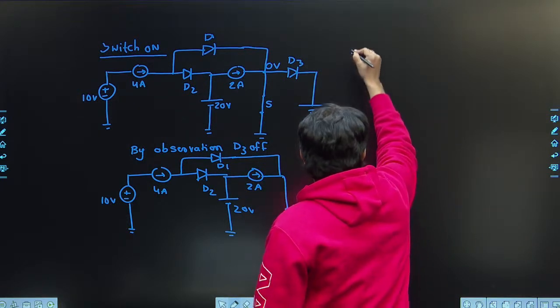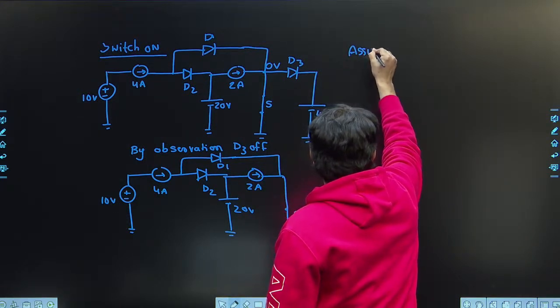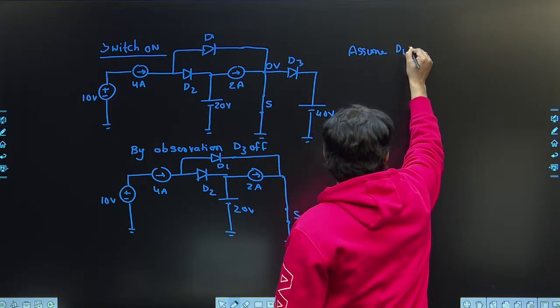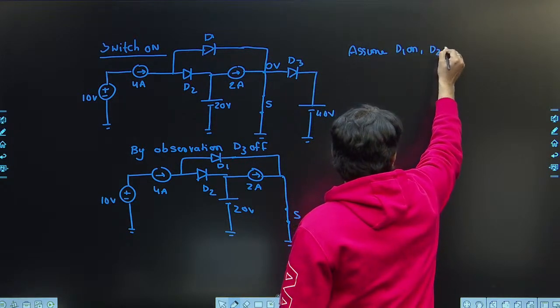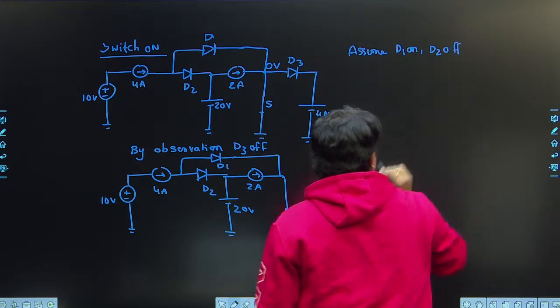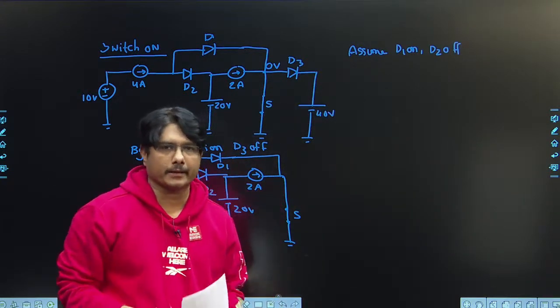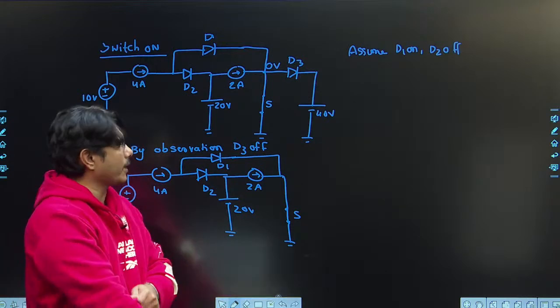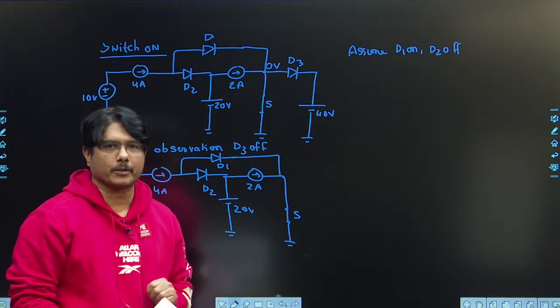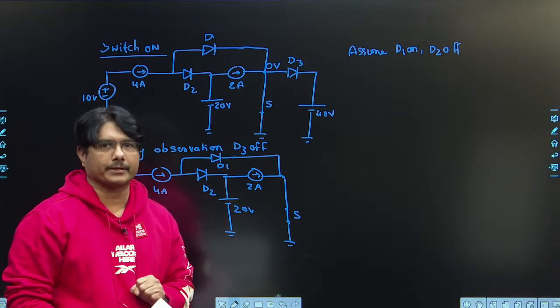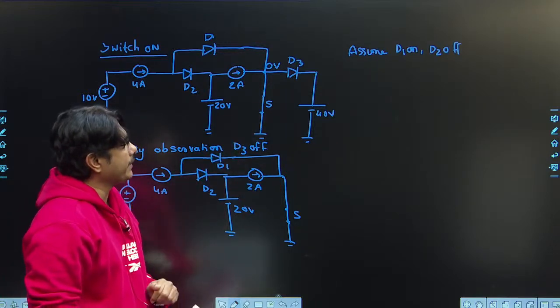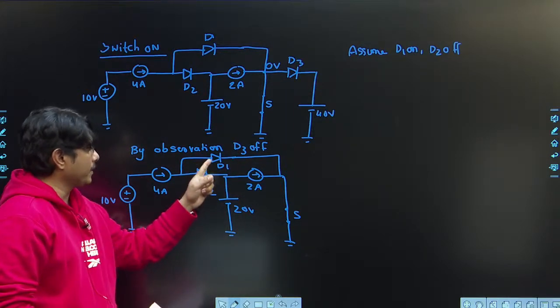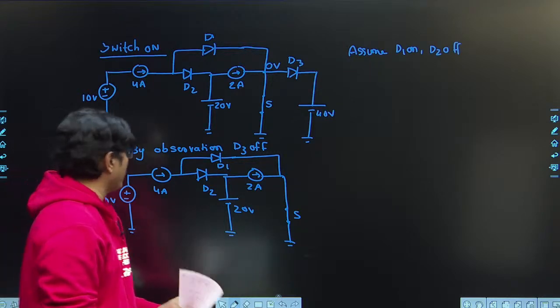Suppose I assume D1 as on, D2 as off. Suppose if this is correct, I will stop here only. Trial and error, second option. The first option cannot happen, D1 off, D2 off, because KCL will get violated. So let me start with D1 on, D2 off.